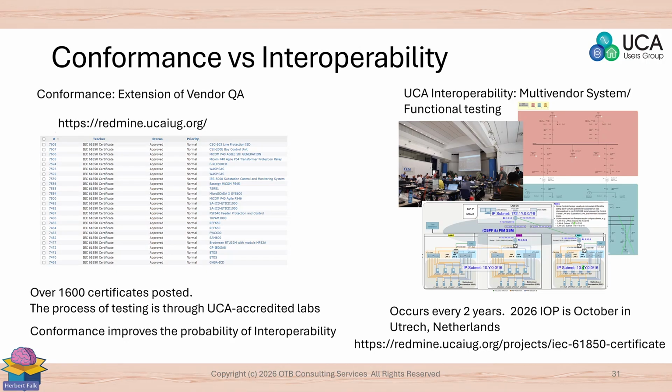So on the left-hand side here, you can see some of the 1,600 certificates that have been posted for 61850 conformant or compliant products. There is a very extensive process for accrediting testing labs and verifying that the certificates they provide to be posted are actually correct.